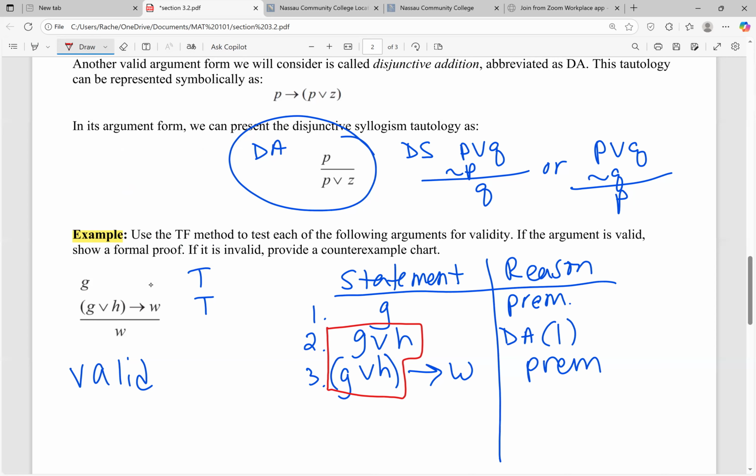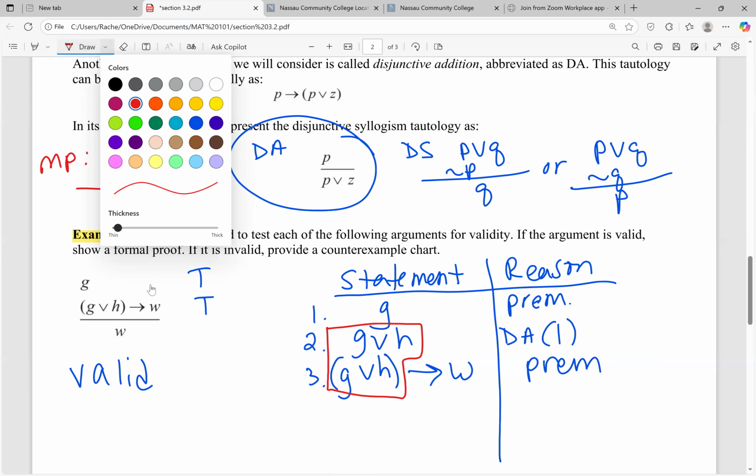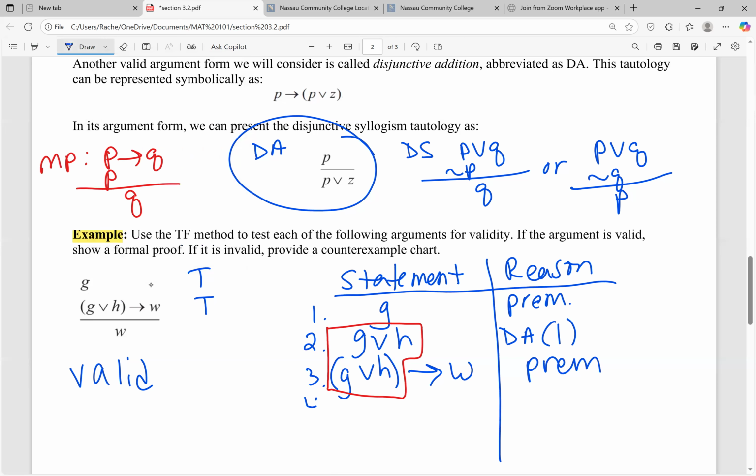And that's going to be modus ponens. Remember modus ponens: if we have P implies Q and P, my conclusion is Q. So my conclusion in this case is going to be W. And W happens to be the conclusion of the entire argument. So this is modus ponens on statements 2 and 3. And then that wraps up the formal proof.